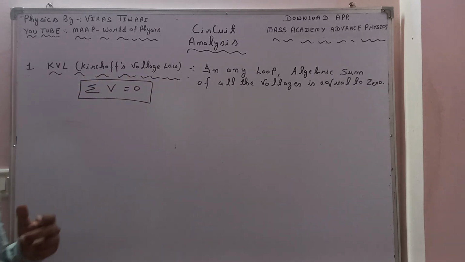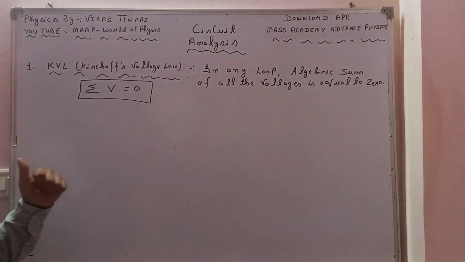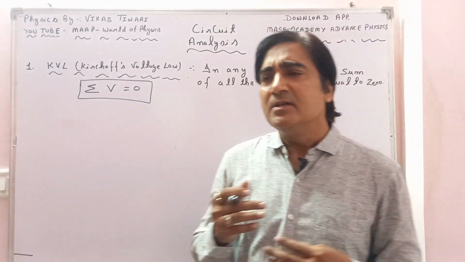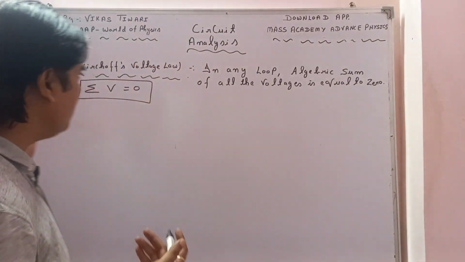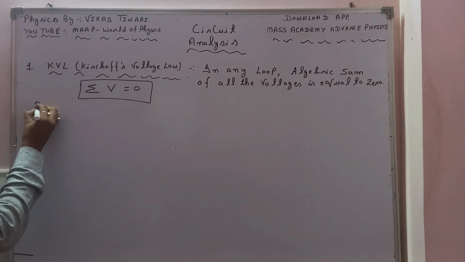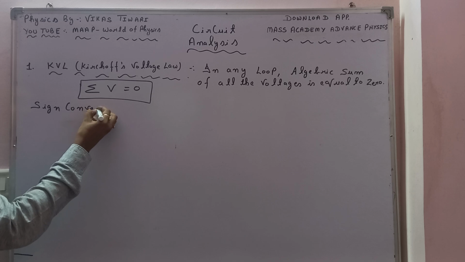But how we are going to apply it is very important for us. For that, we should go for a sign convention. What is the sign convention that I am going to follow?